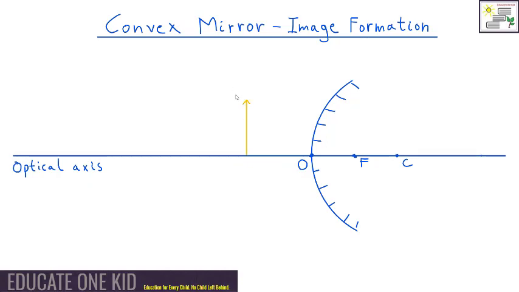Let's call the top of the arrow P and the bottom of the arrow Q. So this is our object.